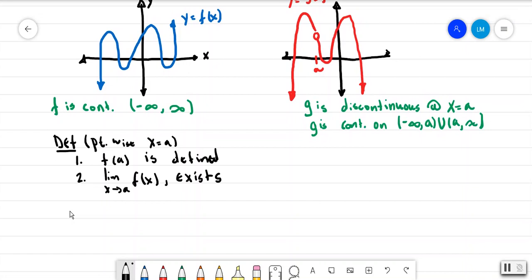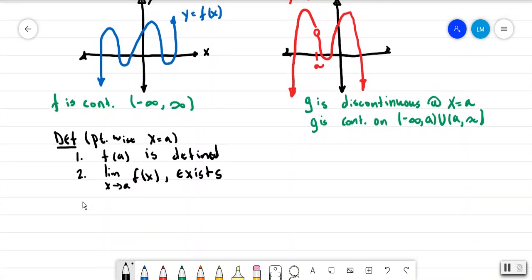The last checkpoint is that the limit as x approaches a of f of x is equal to the function value, so f of a.